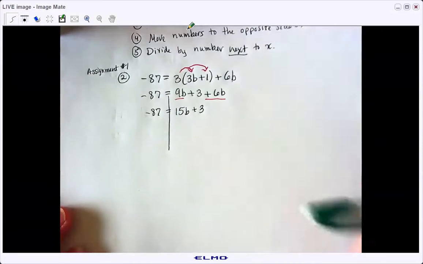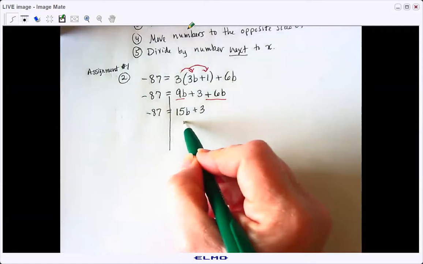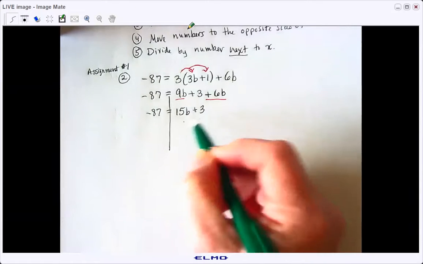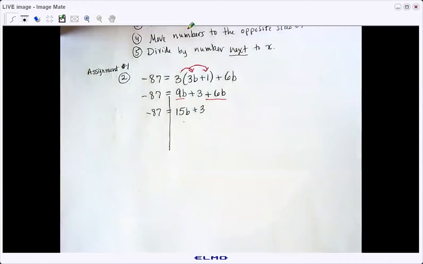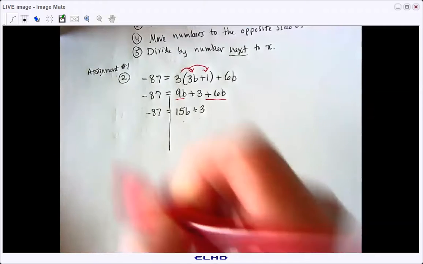Okay. So now step 3 says move the variables to one side. Well, they're already only on one side. So that means that we need to move the 3 to the other side. And how do we move the plus 3 to the other side? Well, it's a plus 3, so we have to subtract 3.